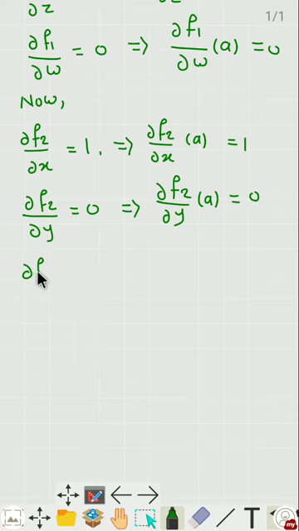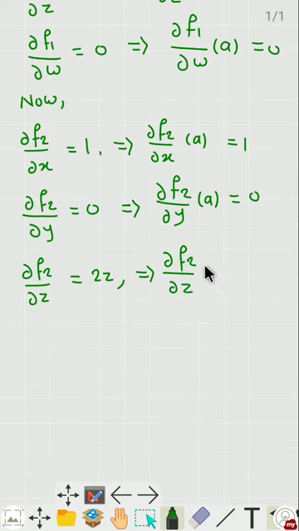The partial derivative of f2 with respect to z is equal to 2z, and its value at point A, just put the z coordinate here, the z coordinate is 0, therefore the value is 0.